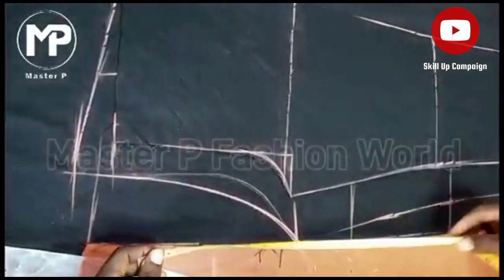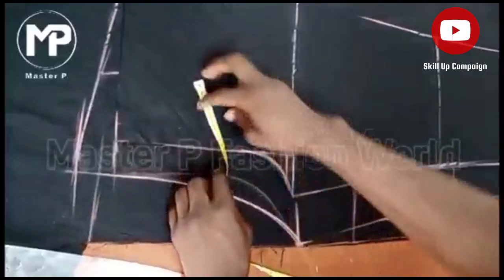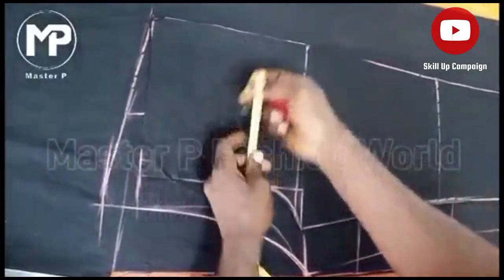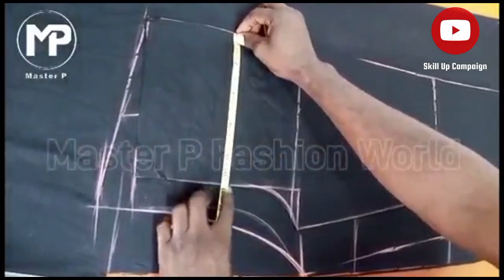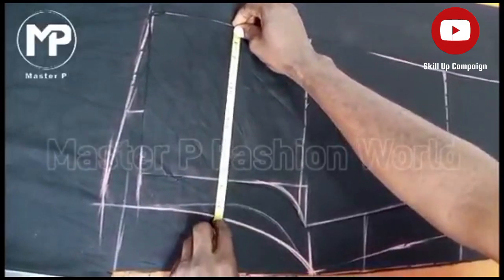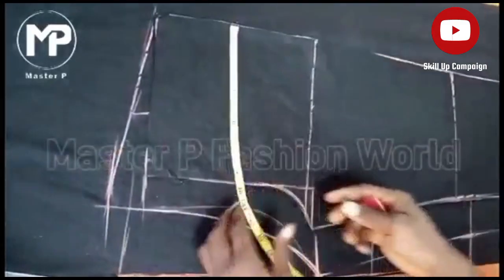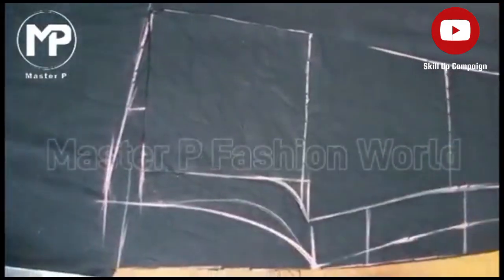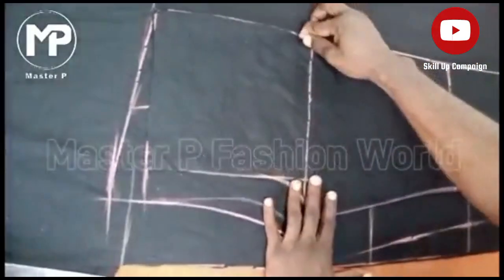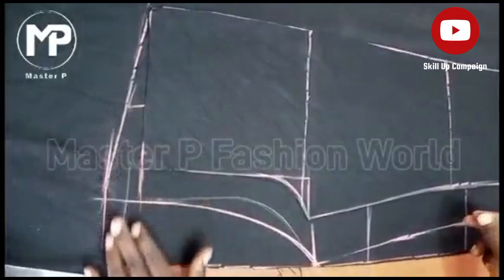If you want to calculate the hip, you can calculate it from here by just measuring this region. This is the hip region. Measuring here, this part is 9.5, then the front part is about 11.5. You join it together and minus 4 inches, you get your hip. But I don't do that, because once I get the lap correct, I don't need to bother about the hip.